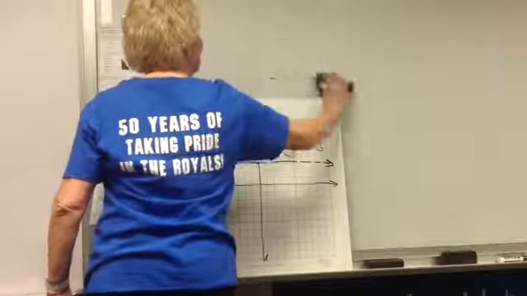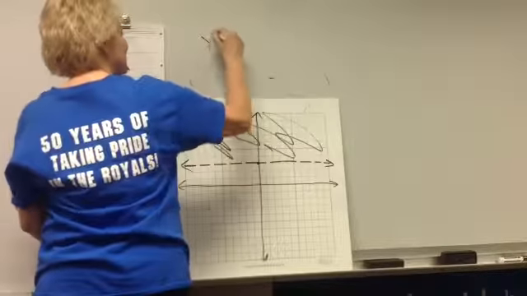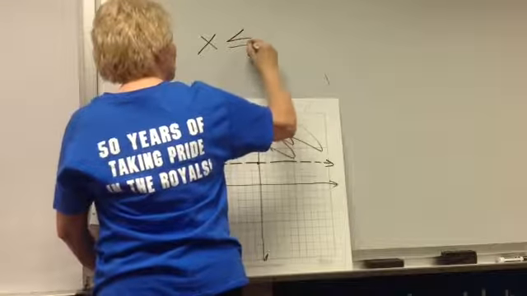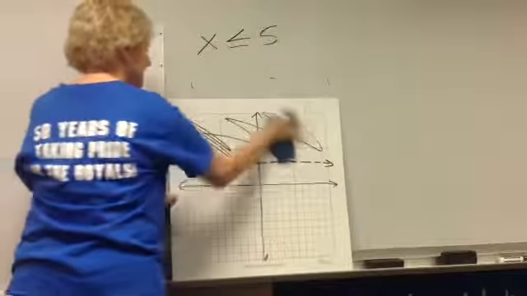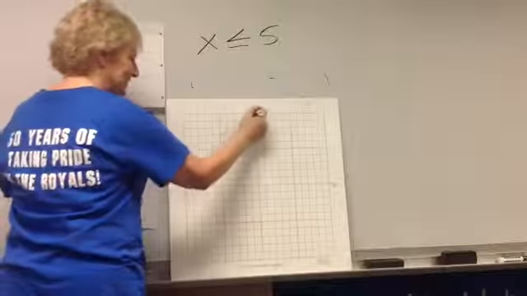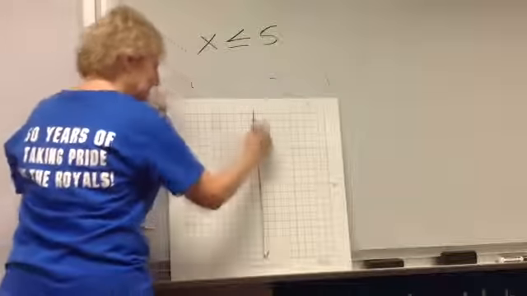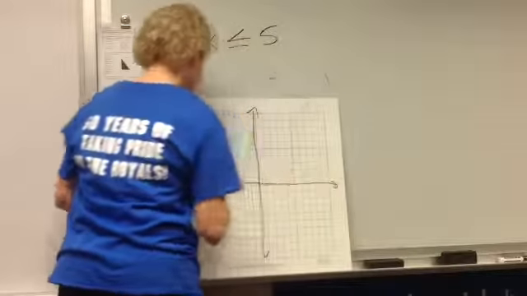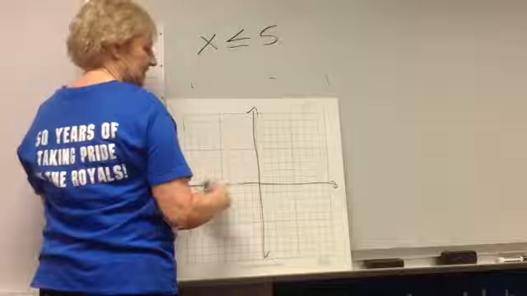Okay, let's do x is less than or equal to 5. How do I graph it? Vux. We're on the x-axis.